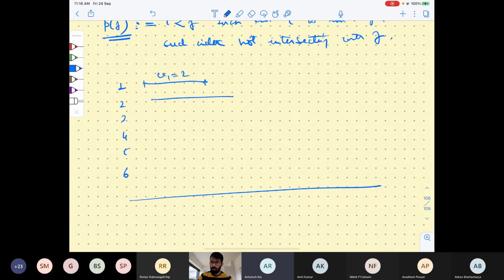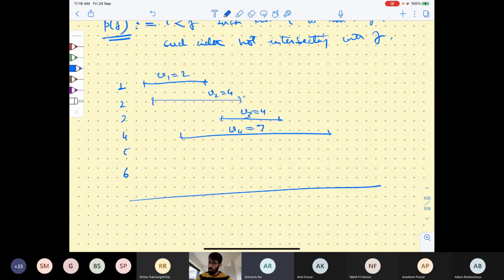We don't really need the values right now, but we can put them also. v2 is equal to 4, v3 is equal to 4, v4 is equal to 7, v5 is equal to 2.